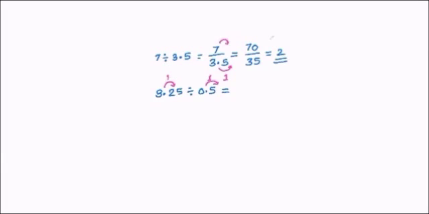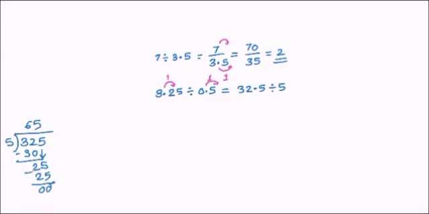So my example will become 32.5 divided by 5. Now we know how to do the division. We'll do division without the decimal point. My answer is 6.5. Now here, how many digits after the decimal point? I have 1 digit after the decimal point. So my answer also should have 1 digit after the decimal point. And hence my decimal point comes here.